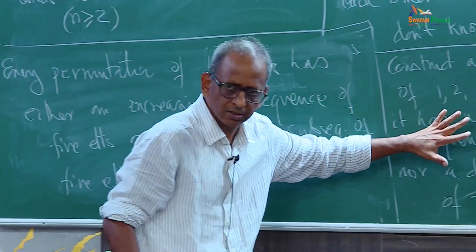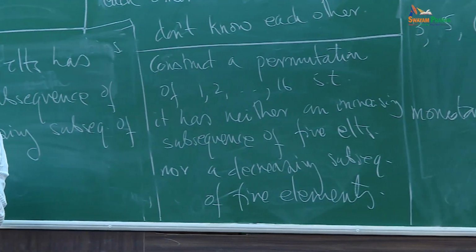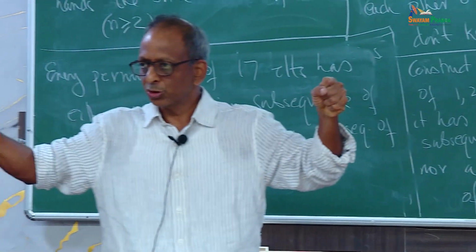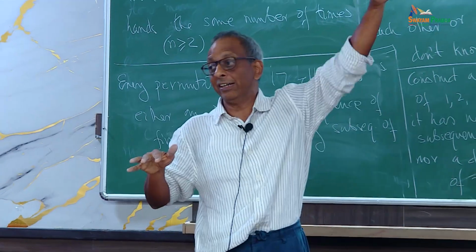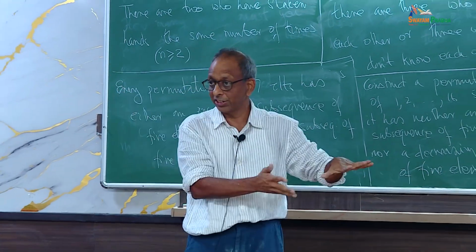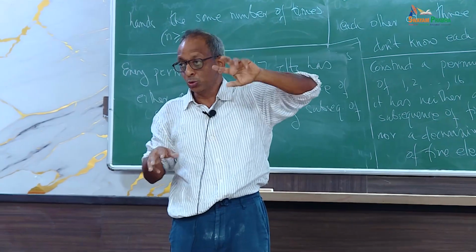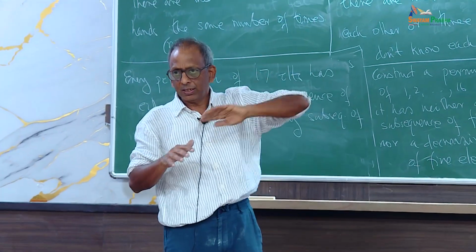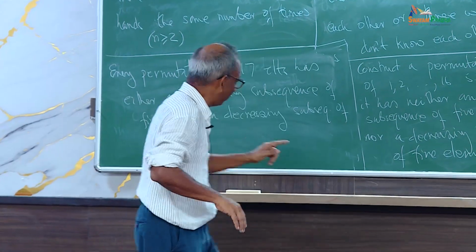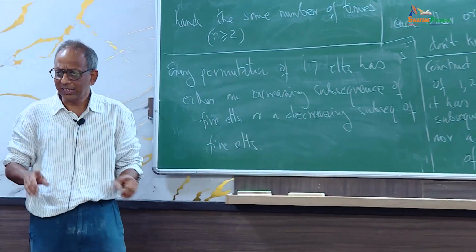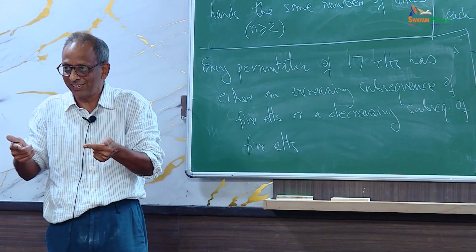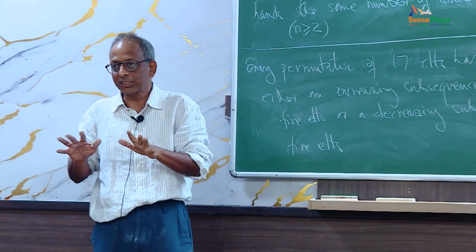So arrange 16 numbers so that you don't get a good trend, an increasing trend or a decreasing trend. The biggest trend you can get is 4. You should not be able to get a long trend. However, the theorem says that the moment you go from 16 to 17, there is no such construction.